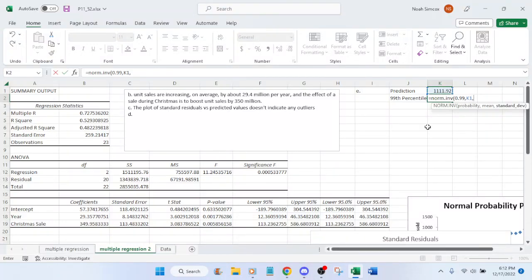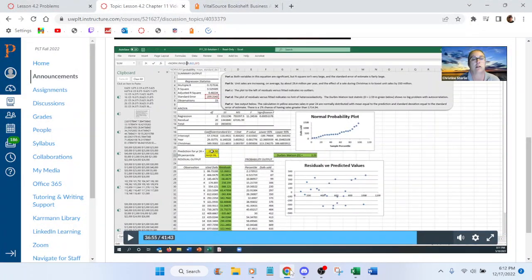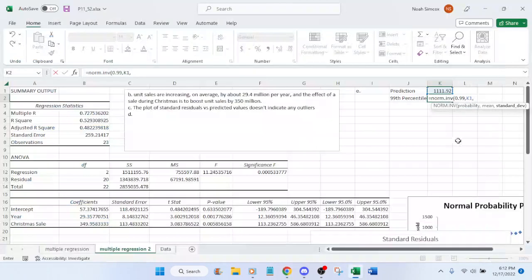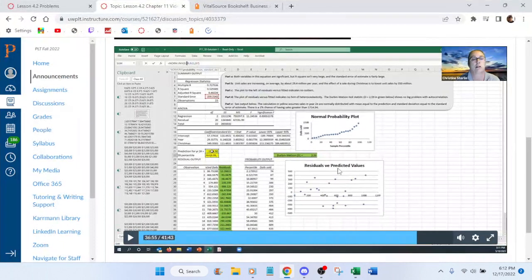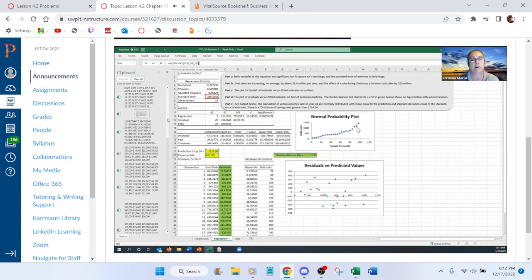And the standard deviation, B7 is the standard error. We ended up with 1714.94, using B21 and then our standard error from cell B7. So if you wanted to know what value would exceed the 99th percentile, it would be anything above that.